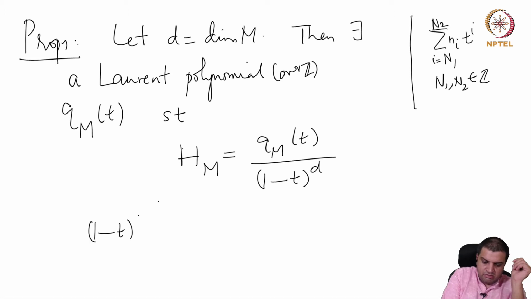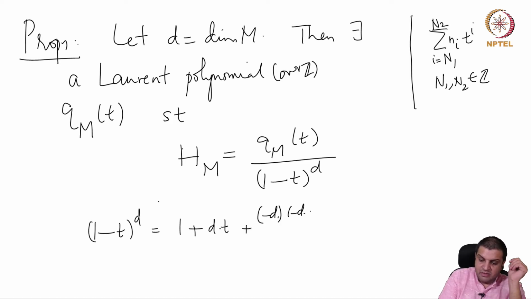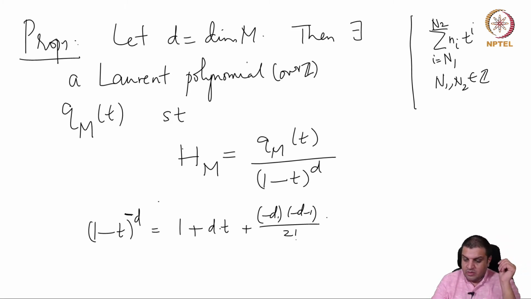(1 minus t) to the minus d can be expanded as 1 plus d times t plus d times (d plus 1) divided by 2 factorial times t squared, and so on.